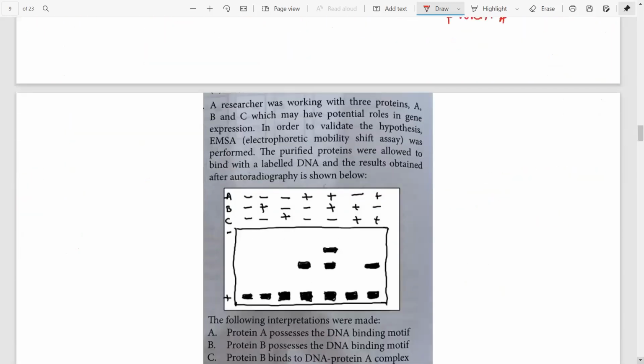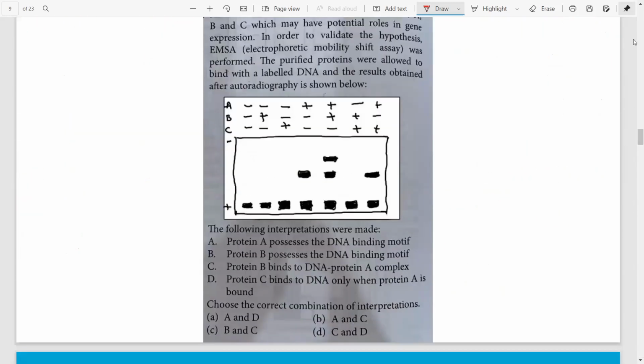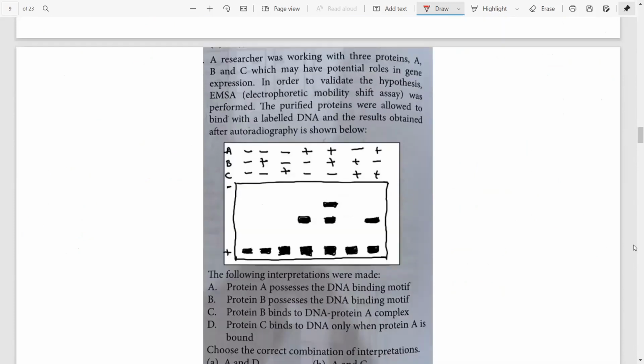Now, let us move to this question. So what this question says: a researcher was working with 3 proteins, protein A, protein B, and C, that have roles in gene expression. In order to validate the hypothesis, he performed EMSA.